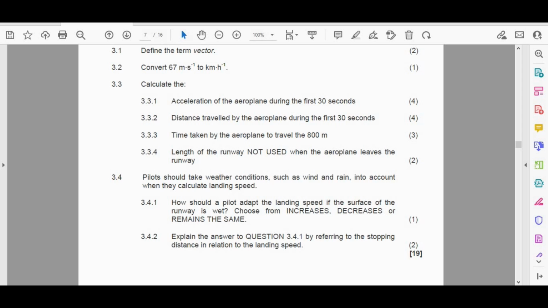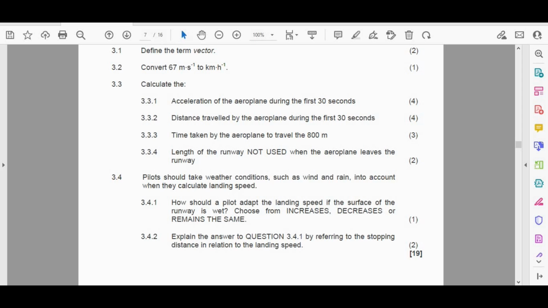A lot of accidents happen when it's wet because your stoppage time is a little longer. The same way here, if the runway is wet and the pilot is coming in to land, he should decrease his landing speed, slow the speed down when he lands. So 3.4.1 definitely decreases.